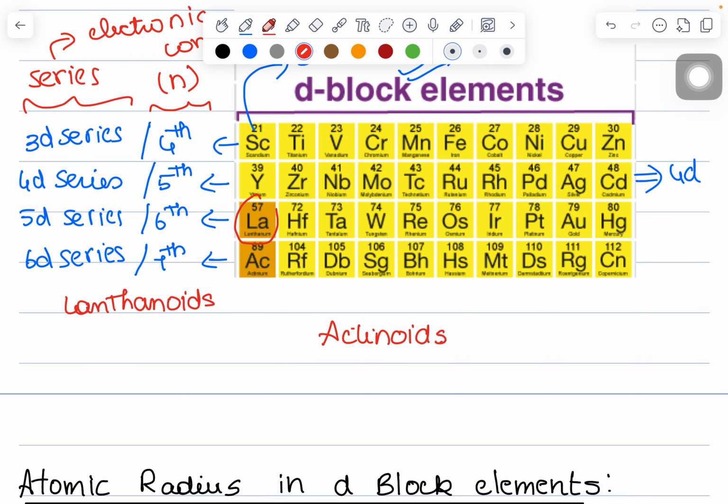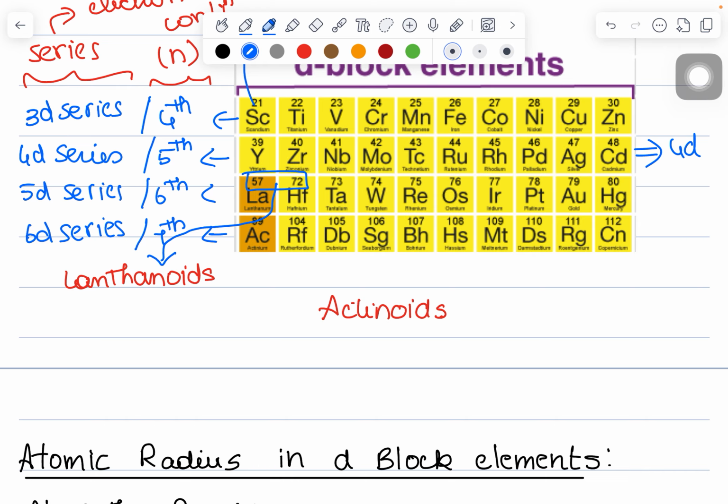One more thing you are supposed to know in d block elements is that lanthanum has atomic number 57 and hafnium has atomic number 72. Can you see there is a big gap, 57 to 72, where 14 elements are missing? All 14 elements are kept outside and they are named lanthanides, with atomic numbers 58 to 71.